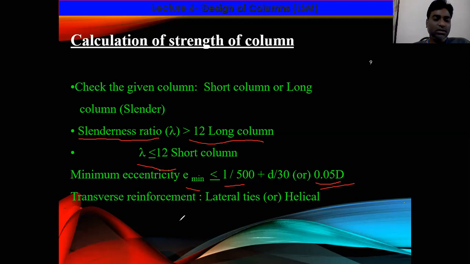Coming to the transverse reinforcement, you need to check whether you want to provide lateral ties or helical reinforcement. If you provide lateral ties, you can use the corresponding equation. But if you want to provide helical reinforcement, then you need to use another formula, that is, a 5% increment, 1.05 into the strength formula.